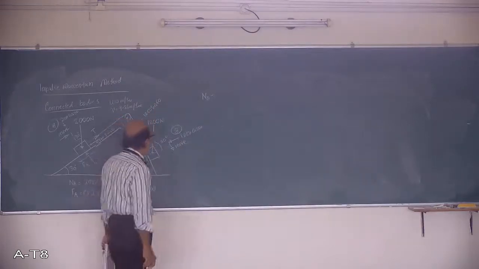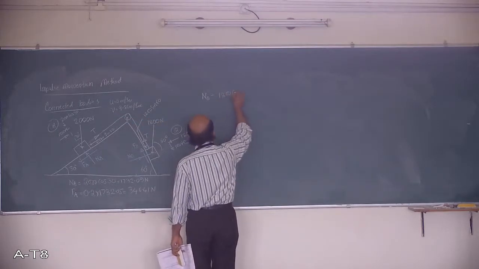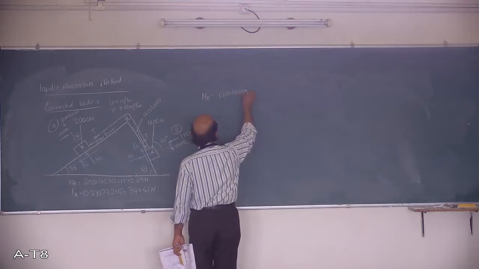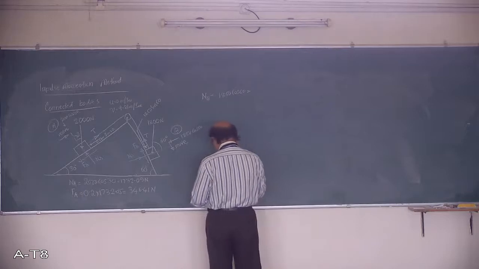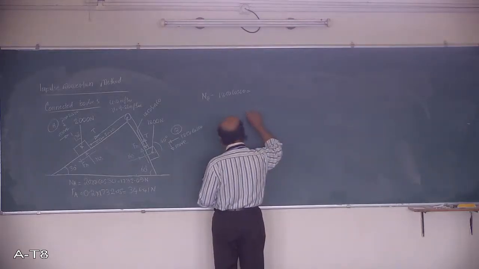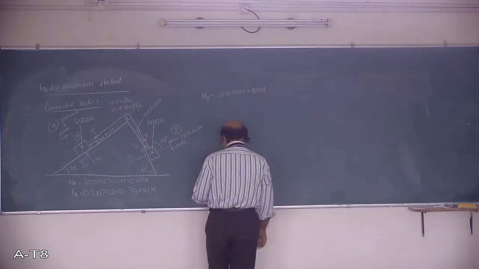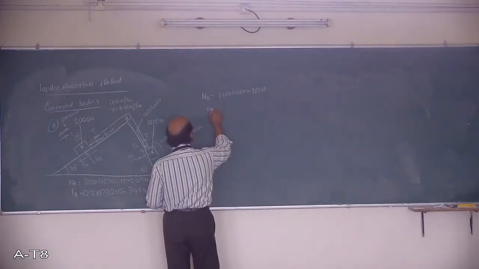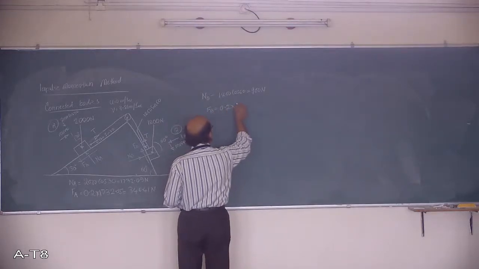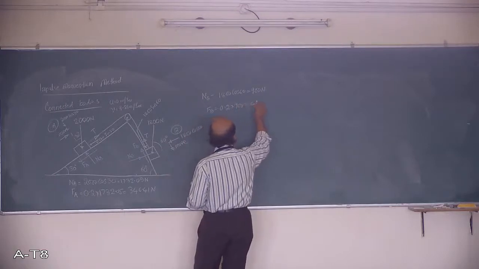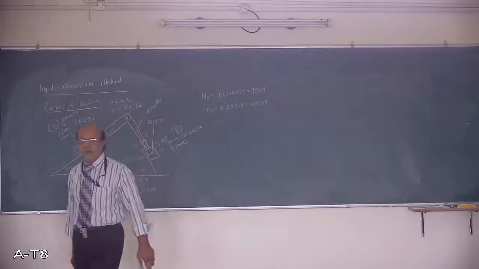Now NB is equal to 1800 cos 60, it works out to 900 Newton, and FB is the frictional force, 0.2 into 900, is 450 Newton. These are the basic parameters I have worked out.